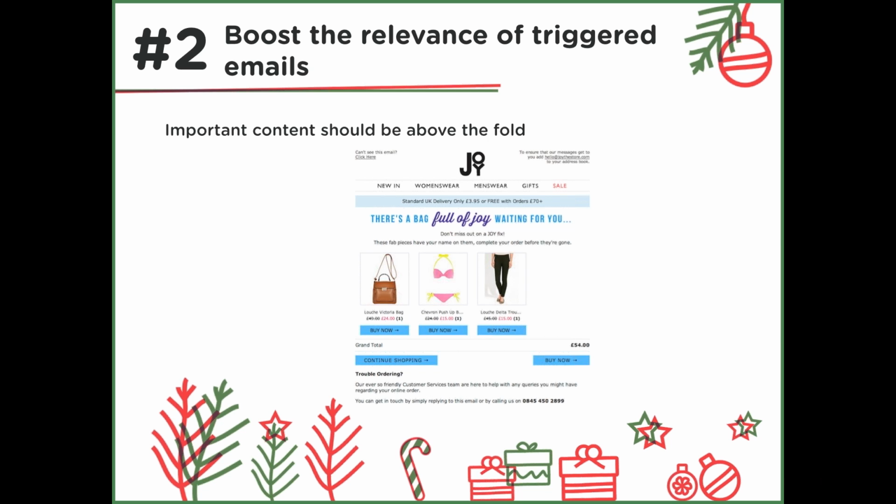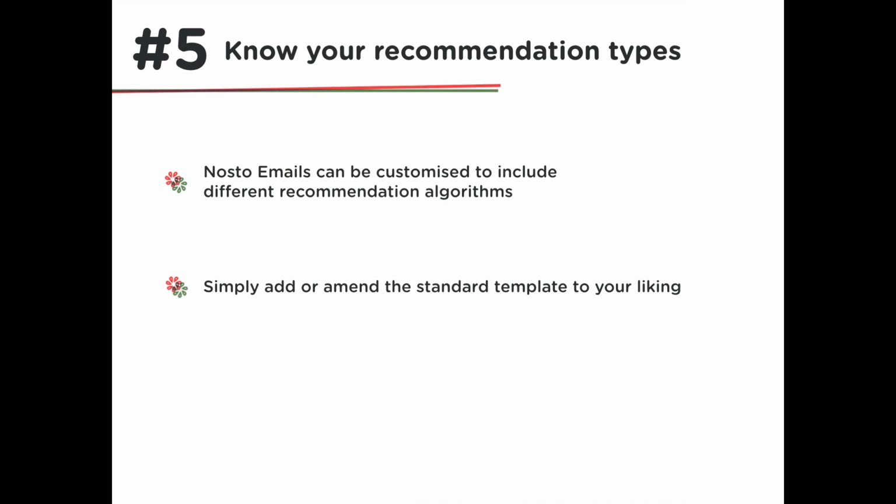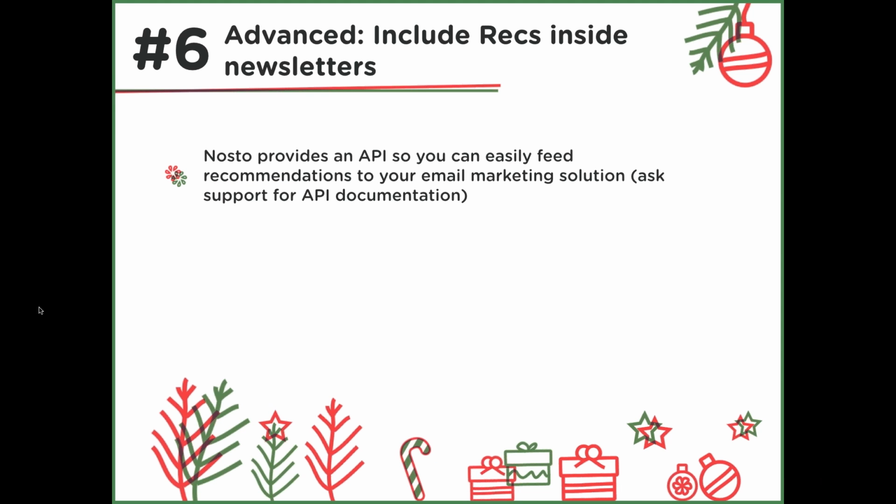So, can the personalization recommendations of Nosto be imported into other emailing services? The answer here is yes. That would be covered by our API. So that would be number 6. What you can do is you can do an API call to us.